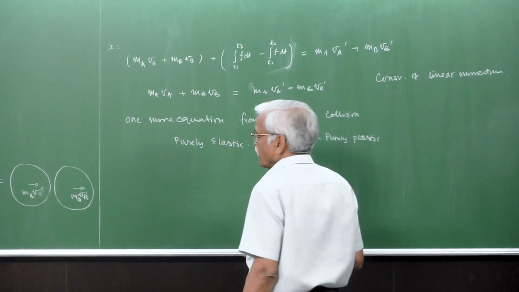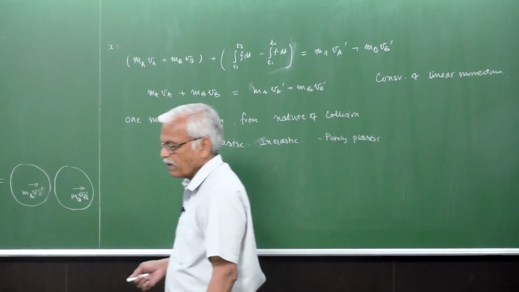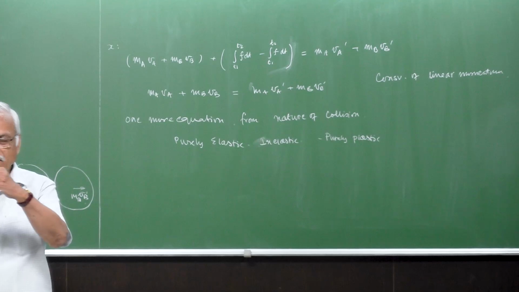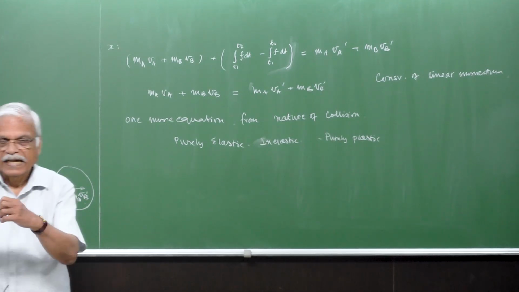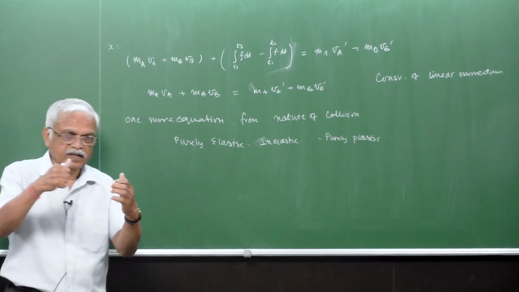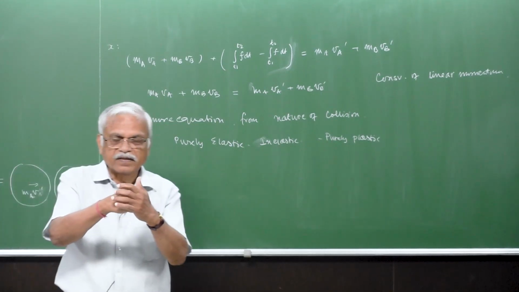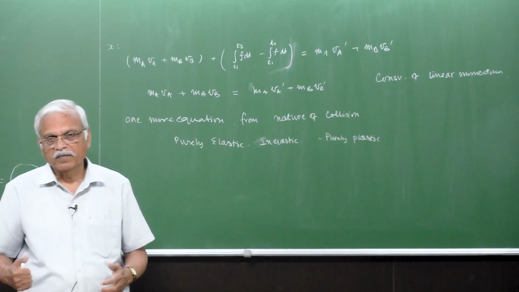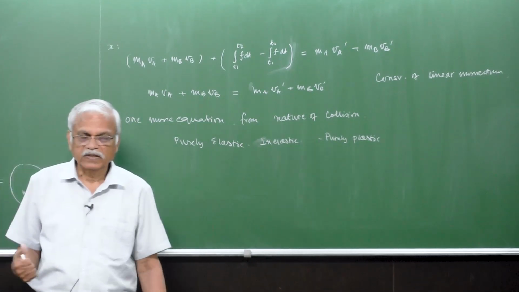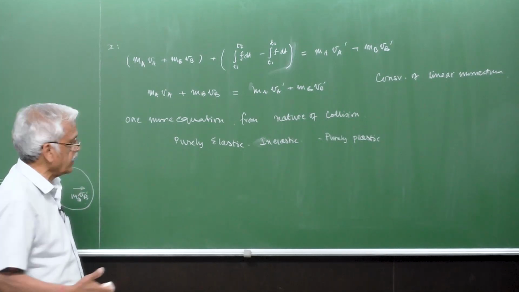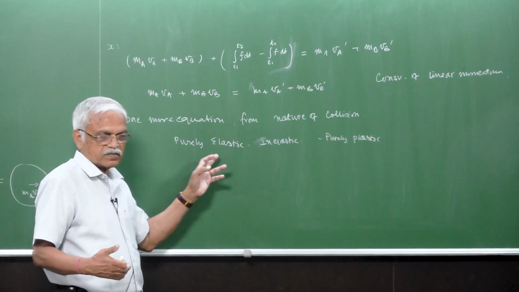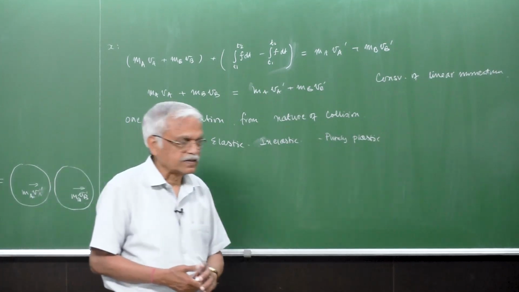So what is the difference between these two? Purely elastic means the deformation that takes place is completely regained, just like a purely elastic body. If you apply force and some deformation takes place, and that deformation is completely recovered once the force is removed, the complete recovery is because the material is behaving like purely elastic.